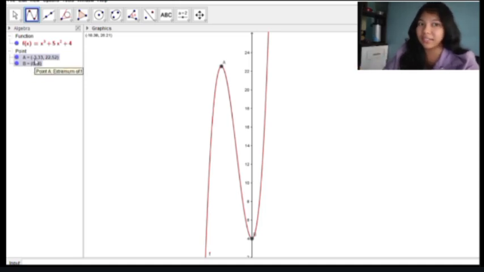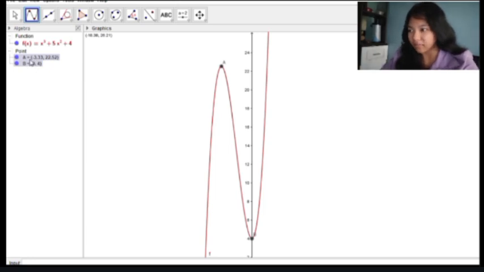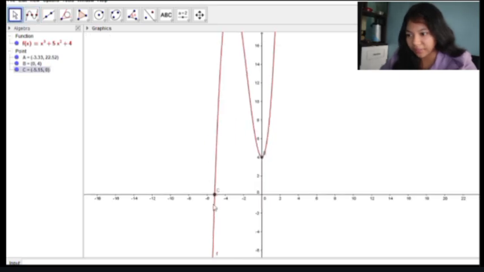As you can see, these are their coordinates. You can also find the roots. See? These are the roots of your function.